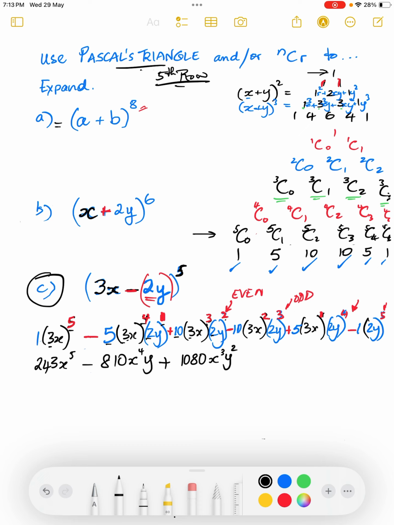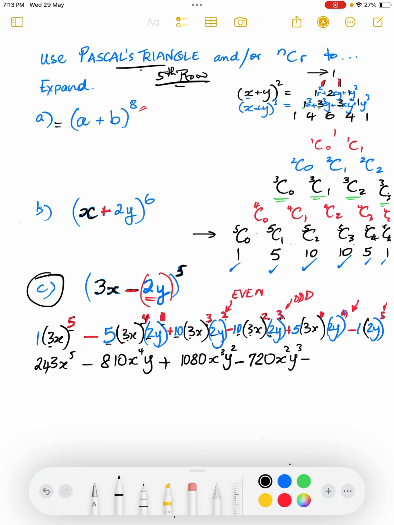Notice the powers adding up to 5 each time. Now a minus. 10 times 3 squared times 2 cubed. 3 squared is 9, 2 cubed is 8. 9 eights are 72, times 10 is 720. x squared y cubed.